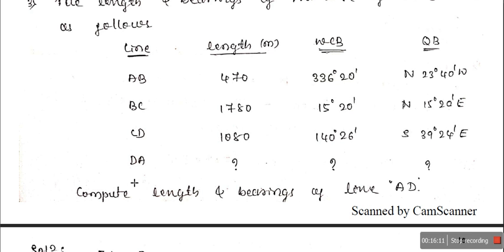They have given the line, the length, and the bearings in the form of whole circle bearing; we can write quadrantal bearing also. Compute the length and bearing of the line AD. They have measured all the lengths of the lines AB, BC, CD and the bearings of those lines, but the missing quantities are the length and the bearing of the line AD.